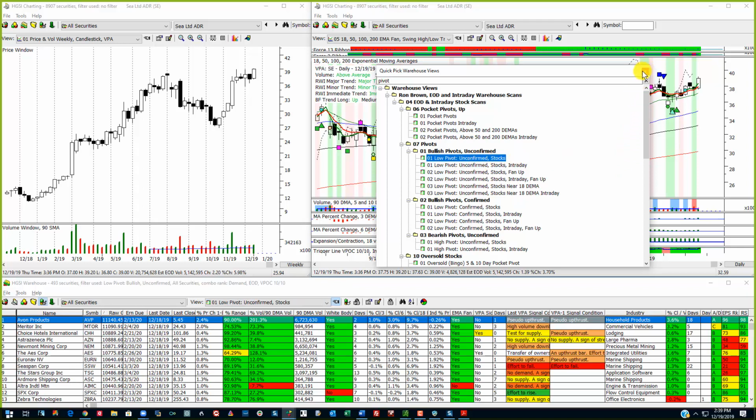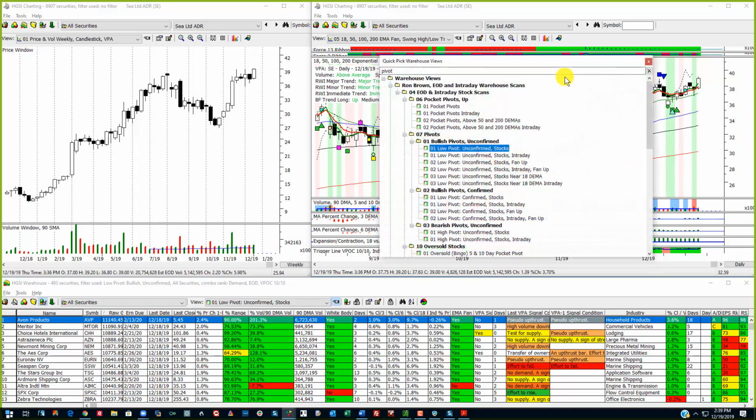For those of you who are not using Thinkorswim as a data source intraday, you're missing out because it works great in conjunction with HGSI, and you can find trades during the day that you certainly cannot find at night. I mean, you can find them at night, but a lot of those trades may not work out.